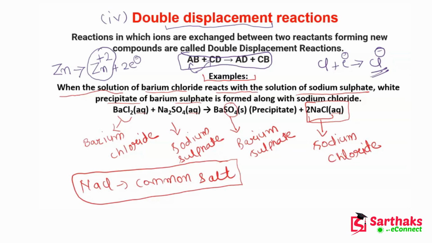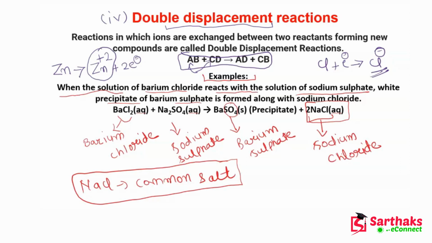I hope guys this has been understood by you. In this reaction you can also see that BaCl2 was in a solution, and Na2SO4, sodium sulfate, was also in a solution. When we combine these two solutions, NaCl is aqueous, but barium sulfate is a precipitate.